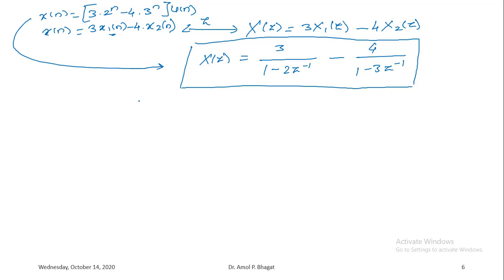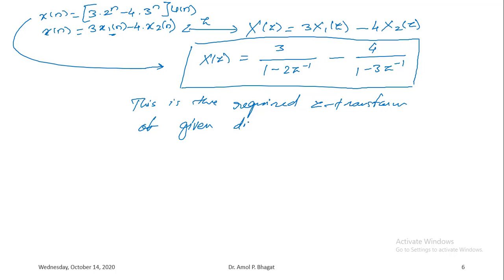So this is the required z transform of the given discrete time signal x of n.